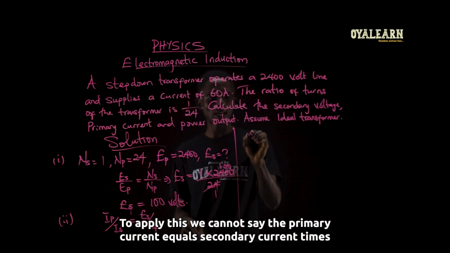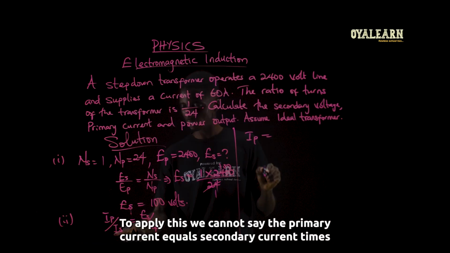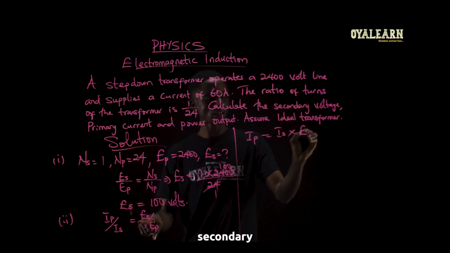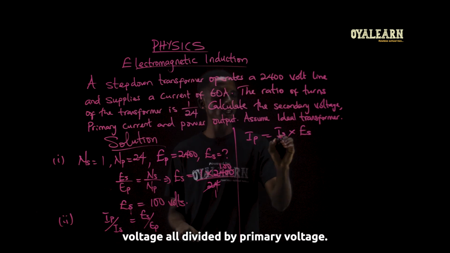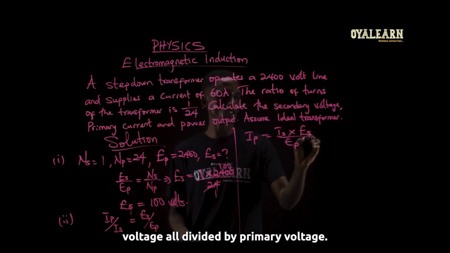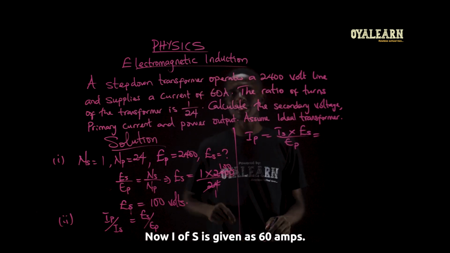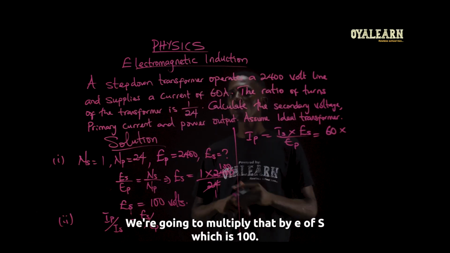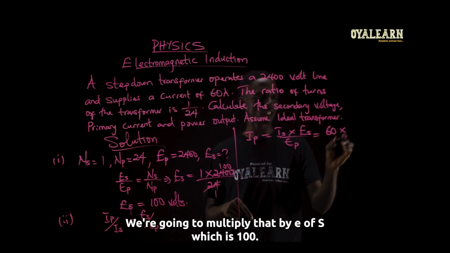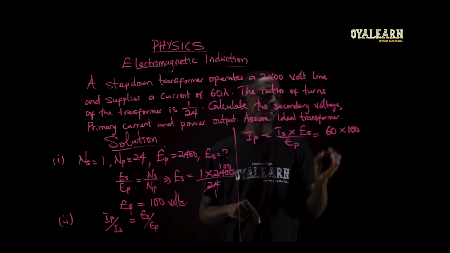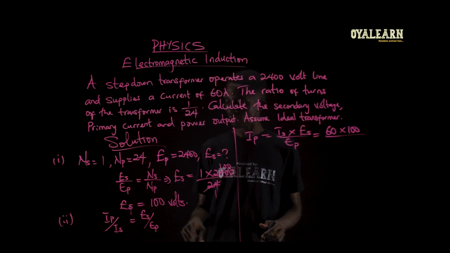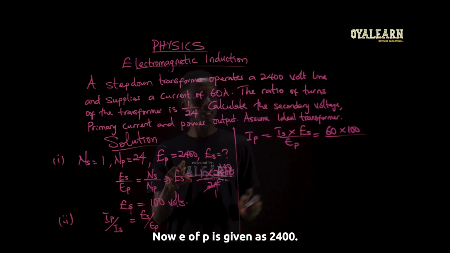Now to apply this, we can say the primary current equals secondary current times secondary voltage, all divided by primary voltage. Now I of S is given as 60 amps. We're going to multiply that by E of S, which is 100. And then we divide all of this by E of P. Now E of P is given as 2,400.